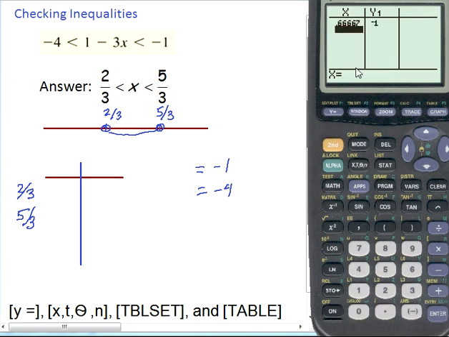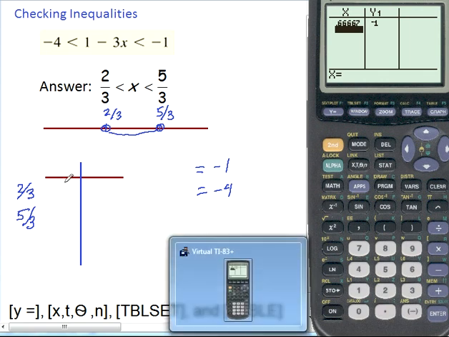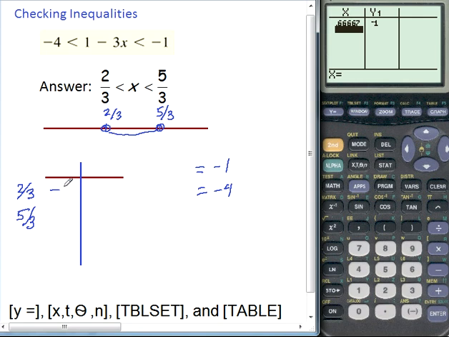It'll enter it as a decimal, and we see that when we have 2/3, we get the value -1, and that's okay.